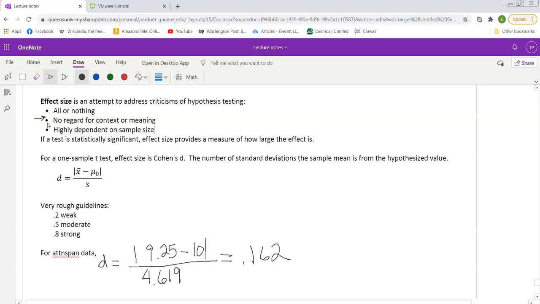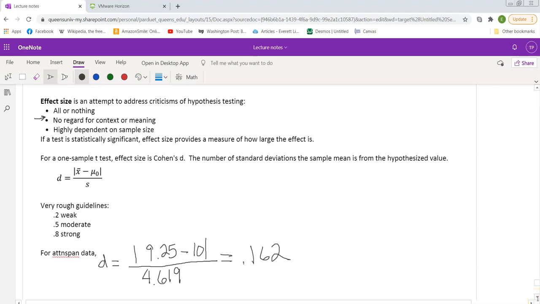So keep in mind that anytime you run a hypothesis test and do an effect size, your interpretation should be compared not so much to these guidelines as to effect sizes of similar research. So you should look in the field, do your lit review, find out what other similar studies have found for their effect sizes, and really compare to them, not so much to these rough guidelines.